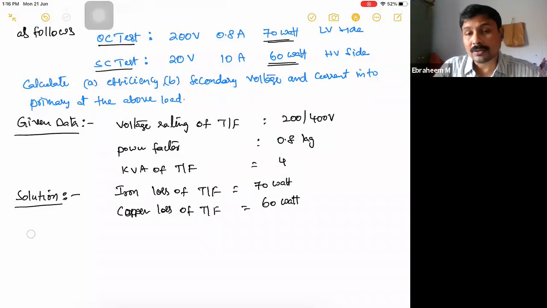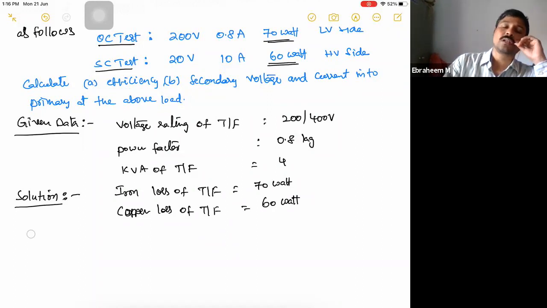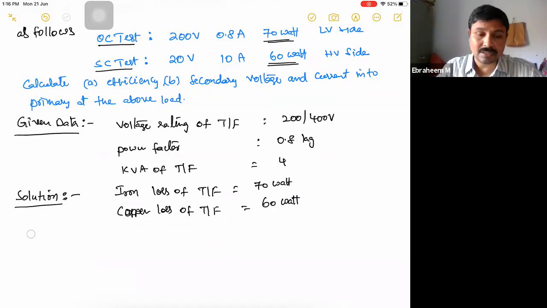Okay, so in order to calculate efficiency, we need all the losses, right? At the same time, we need to have the input or the output. If anyone is there, either input or output, it is sufficient since we already have the losses. Is it clear? Yes, sir.